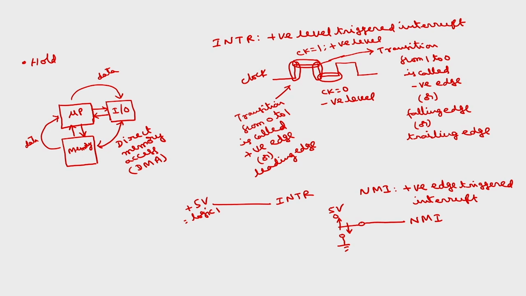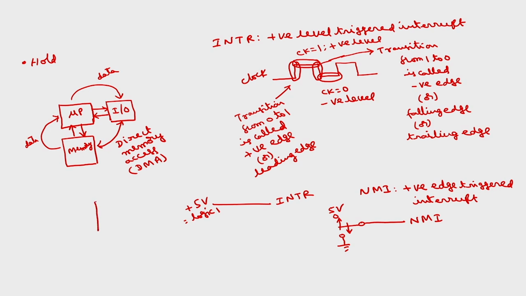So, we can transfer the data directly from memory to IO. But what is required here is that, to transfer the data from memory to IO, I have to take the control of the buses from the microprocessor. Even IO can transfer data to the memory directly. This is bidirectional.